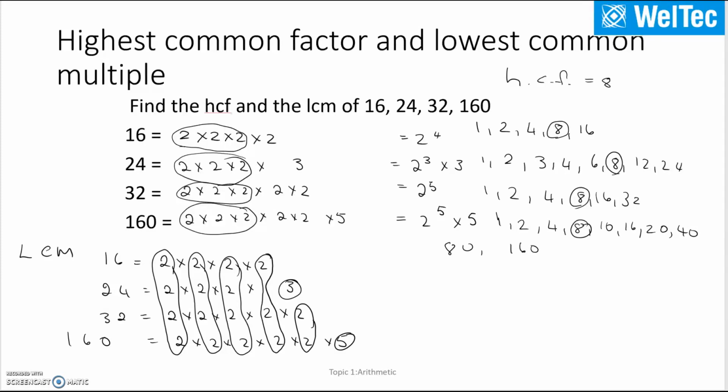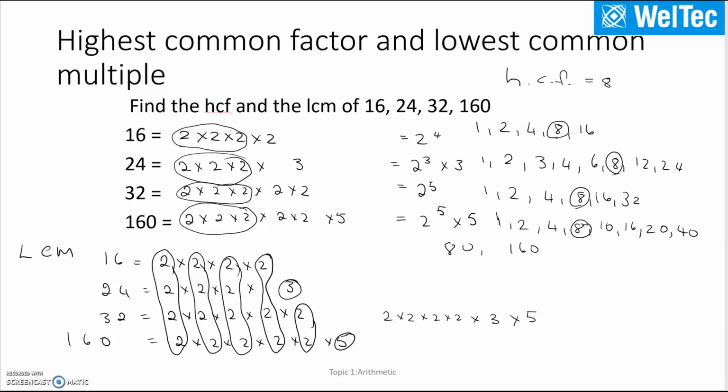So we've got 2 times 2 times 2 times 2 times 2 times 3 times 5. And if we use the calculator for that, we can work out that that is 480.